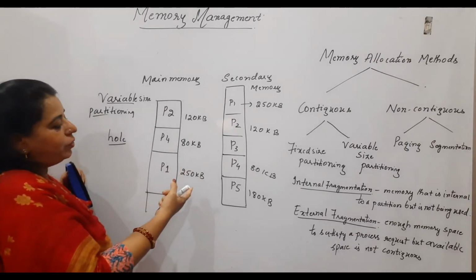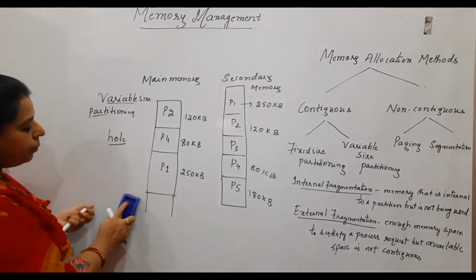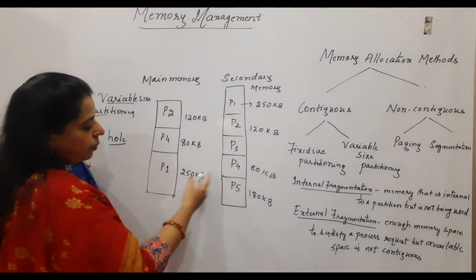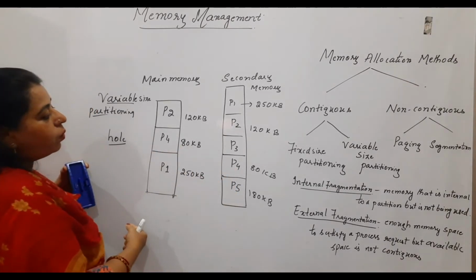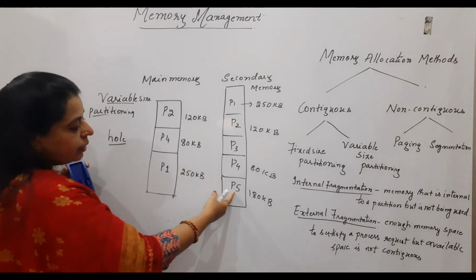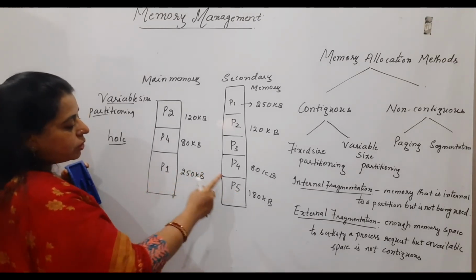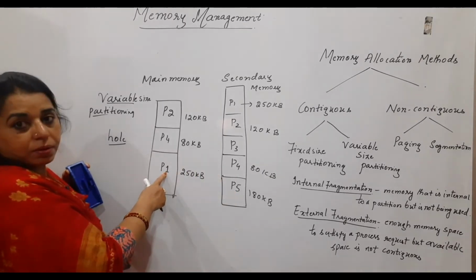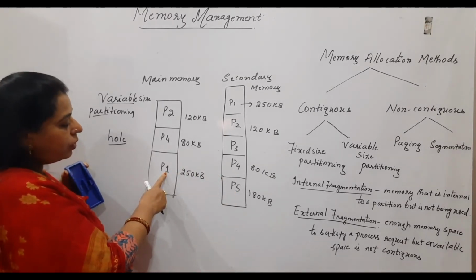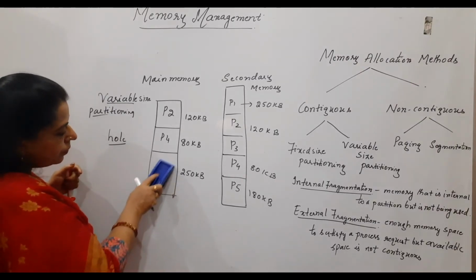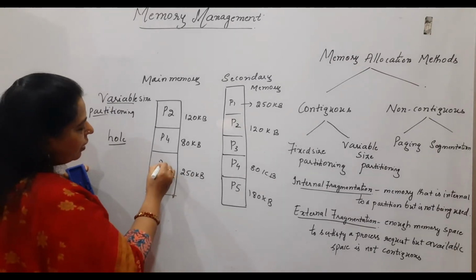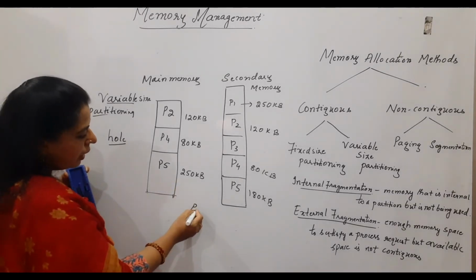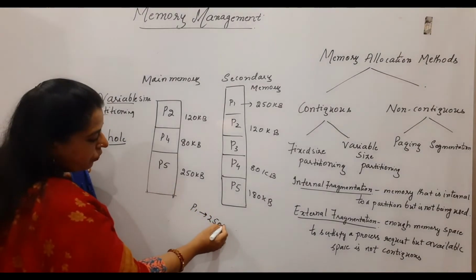But what will happen, you just see, suppose the CPU is interested in executing the process P5, and P1 is making a request for input output, then P1 will come out, and P5 will come in this place. Earlier P1 was taking a complete space of 250 kb.